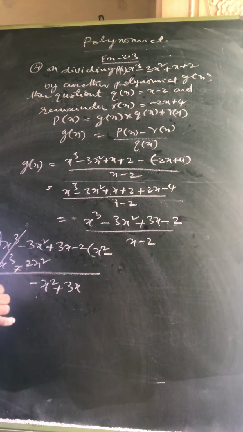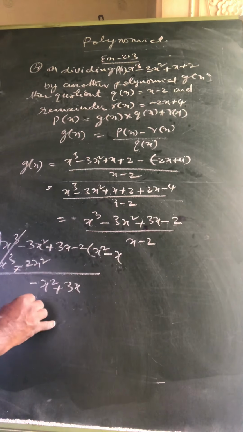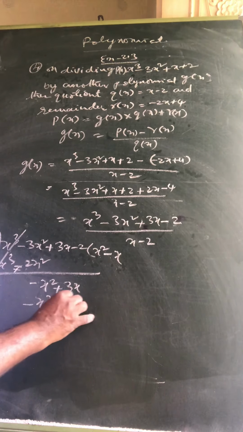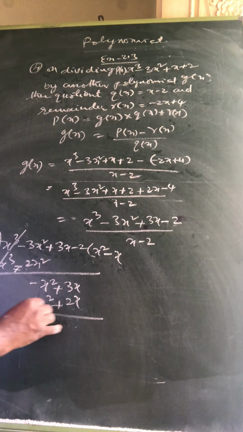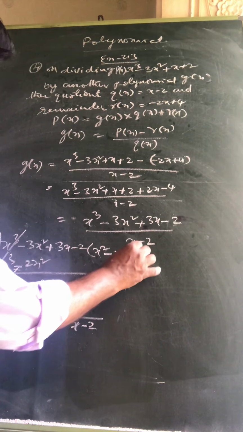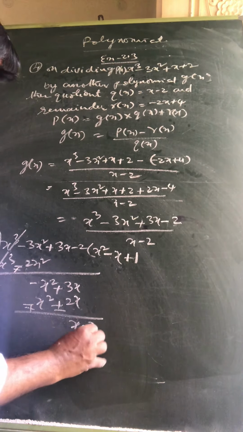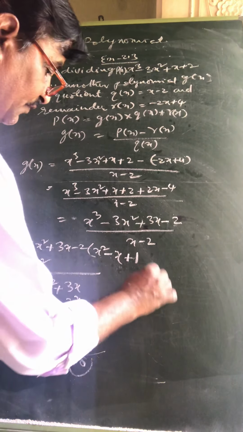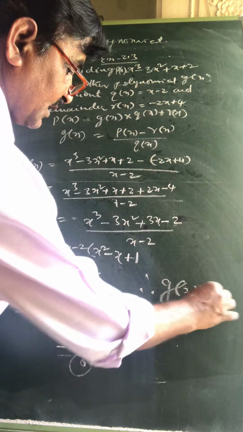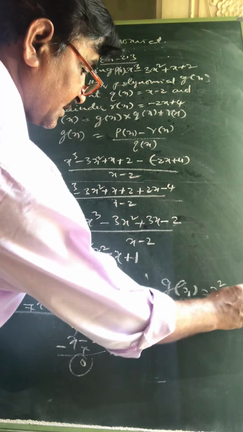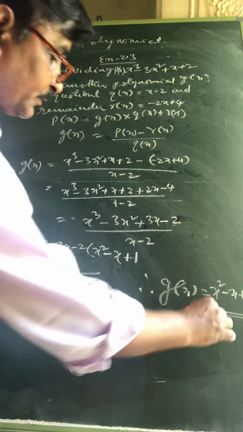Then minus x times x minus 2 gives minus x square plus 2x; signs change and it leaves 1x minus 2. Plus 1 times x minus 2, signs change and they cancel, and the remainder is equal to 0. Therefore, G of x is equal to x square minus x plus 1.